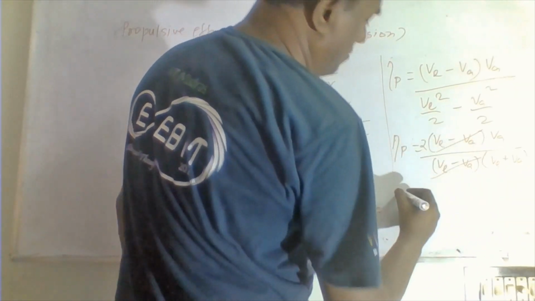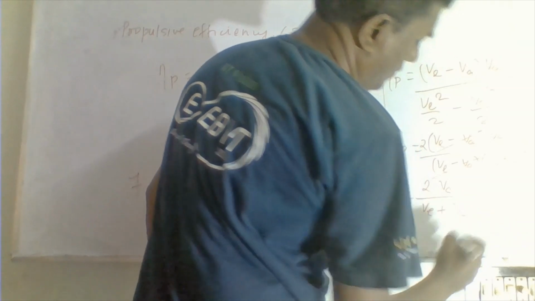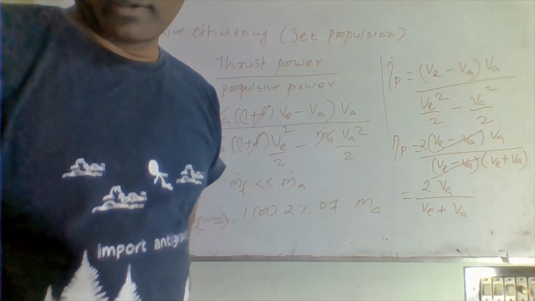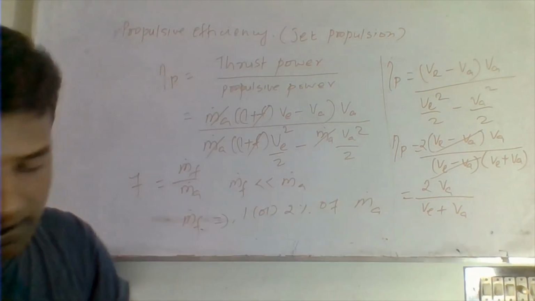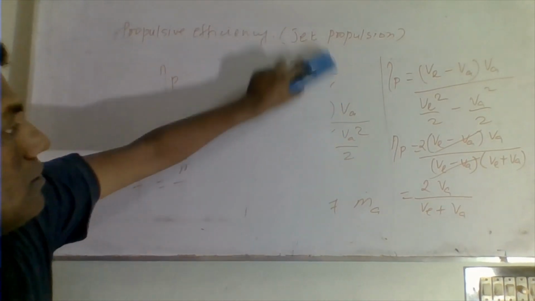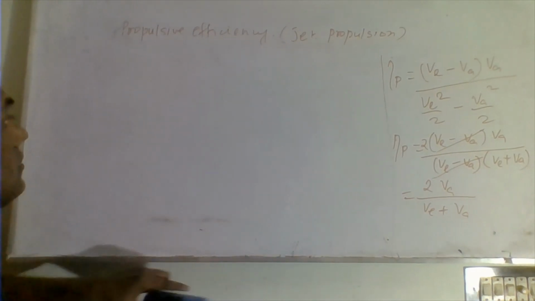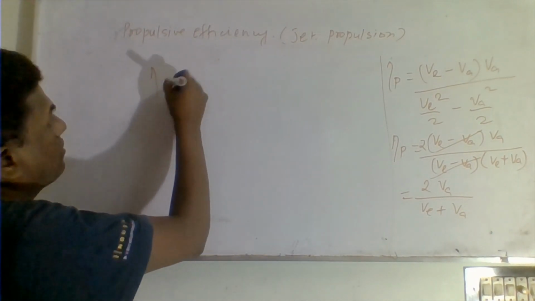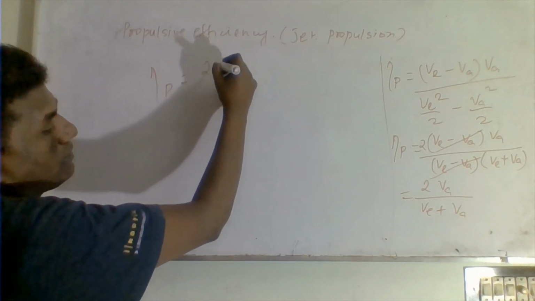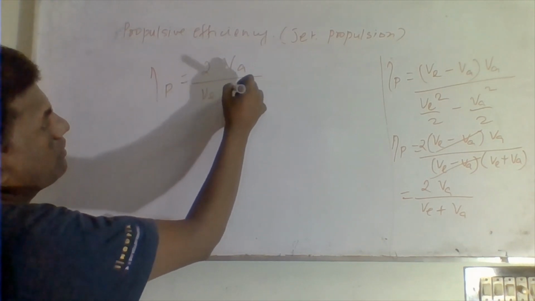This term can be cancelled out and the remaining will be 2 VA divided by VE plus VA. So this equation can be simplified further, and our propulsion efficiency becomes 2 VA by VE plus VA.